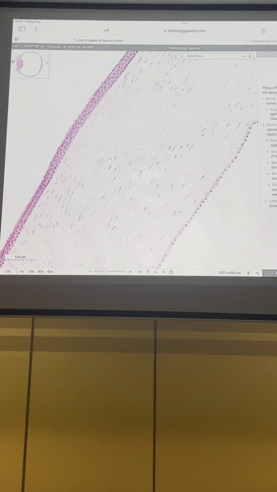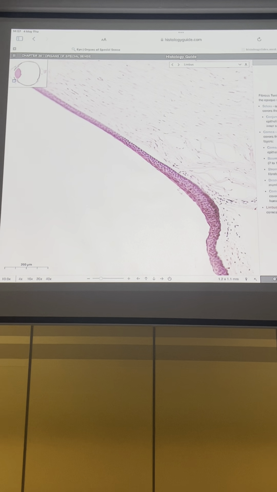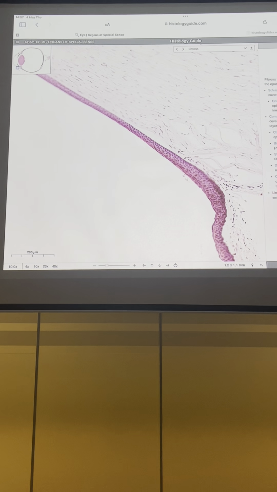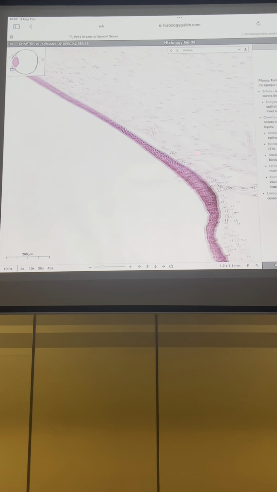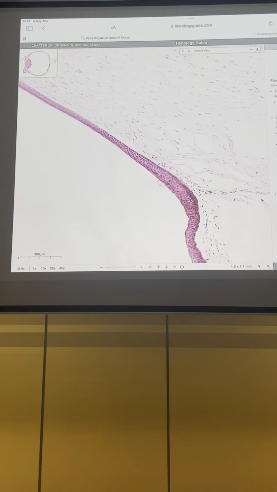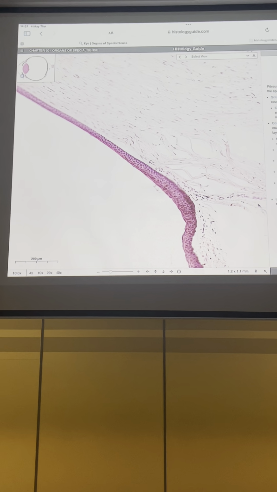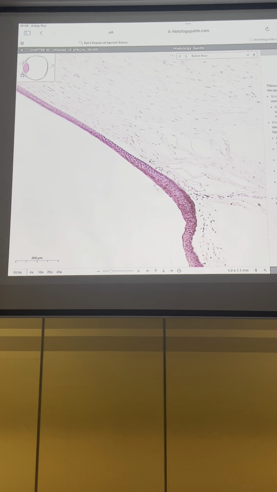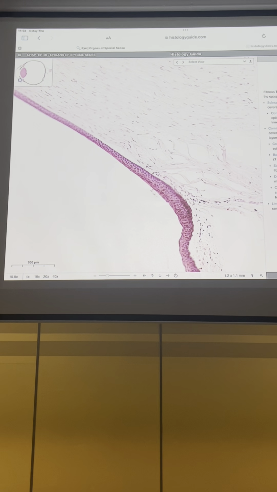And also between the cornea and sclera, we have the limbus, this area. In this area, the connective tissue of the cornea, regular dense connective tissue, suddenly changes into the irregular dense connective tissue of the sclera.